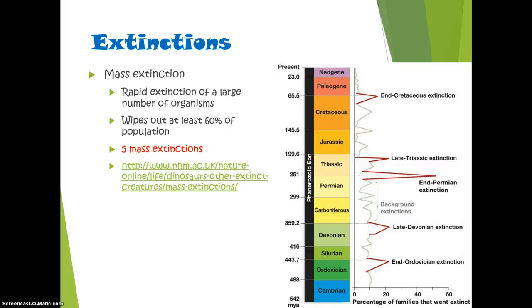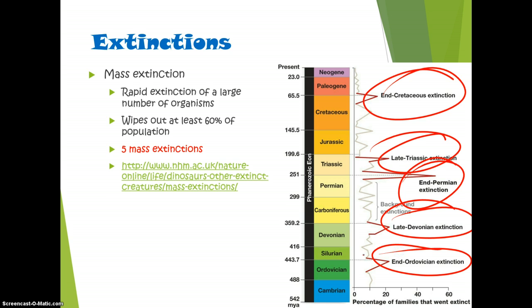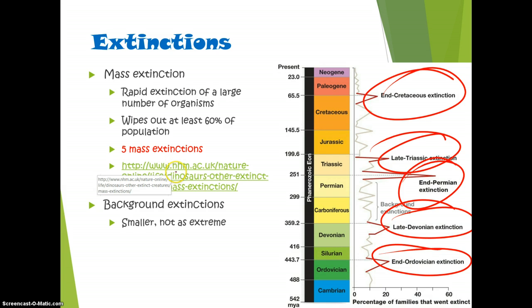There are 5 of these, and the video goes over 3, 4, 5. There are your 5 mass extinctions. If you'd like to know more about the extinctions, this website that I've put in there is really great. It's really cool. I would highly suggest you take a look at it if you're interested. All you have to do is type in NHM extinctions, mass extinctions.